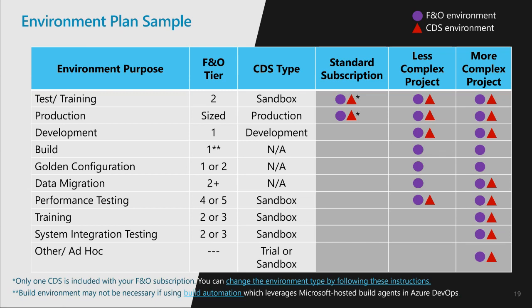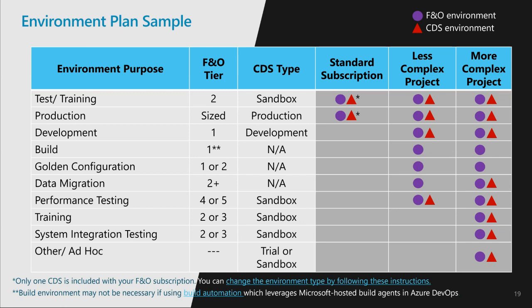And if you use CDS together with your F&O environment, through something such as dual write or virtual entity, it doesn't support one-to-many mapping between CDS and F&O environments. So you need to consider the environment planning with the mapping between F&O and CDS environments, depending on what kind of license you have.